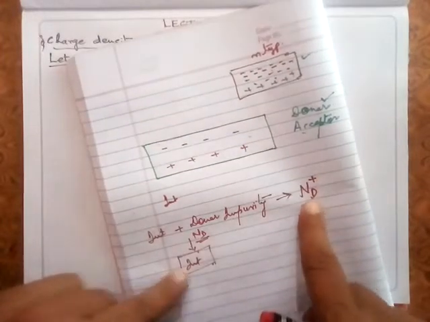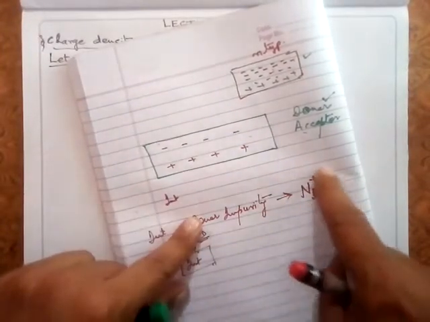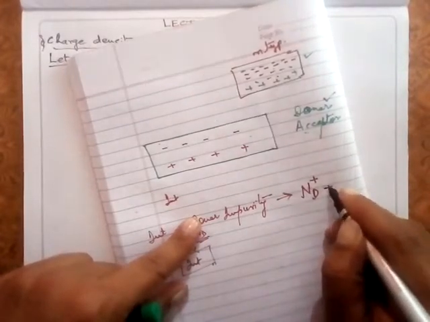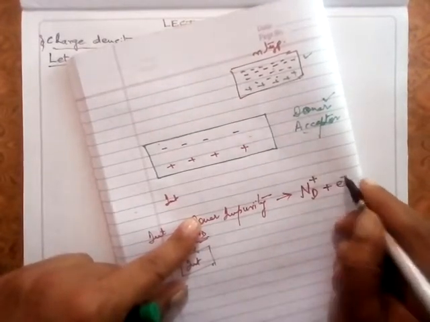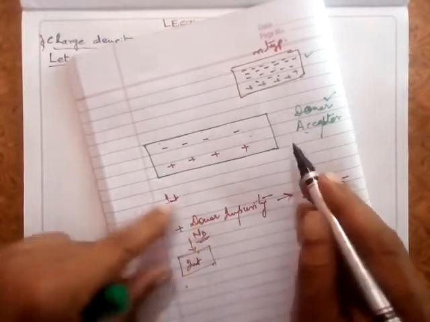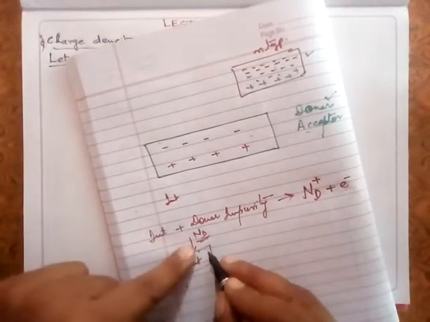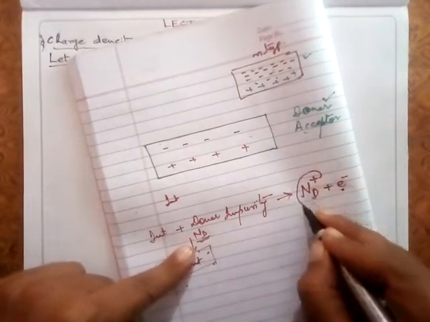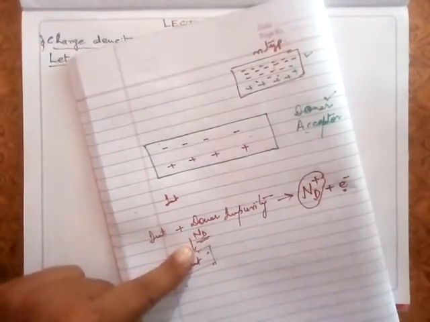If the concentration is Nd, you will have a total of Nd ions, along with the release of electrons. So it is very clear that when donor impurity is added, a large number of electrons will be there along with donor atoms.